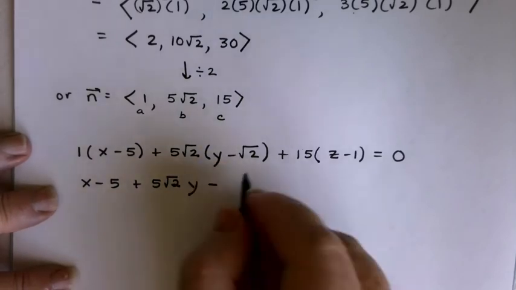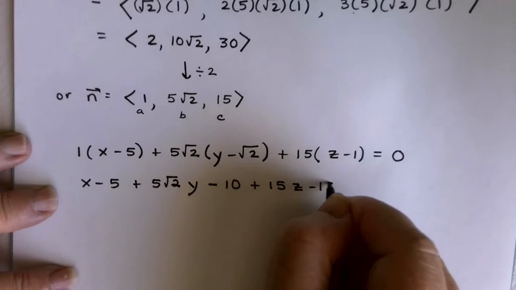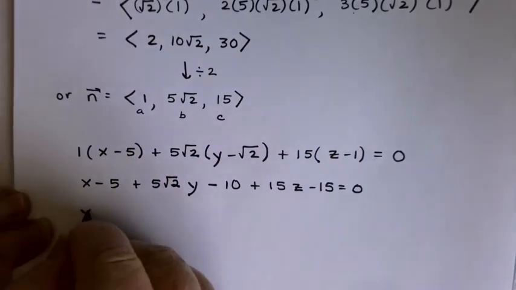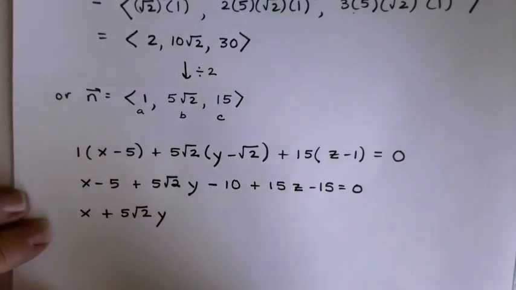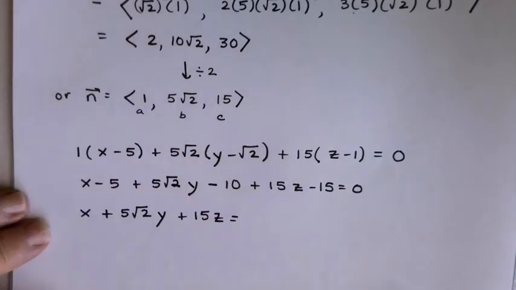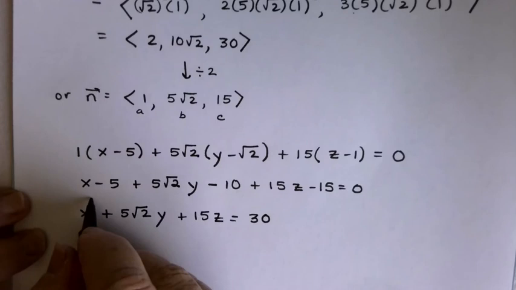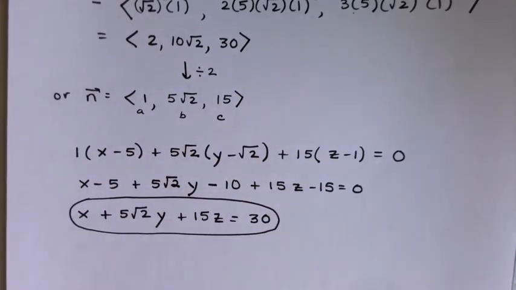What's that? 5 times 2 is 10. So my variable side is x plus 5 square root 2 times y plus 15z, equals 30. And there would be the equation of my tangent plane. So that's finding equations of tangent planes.